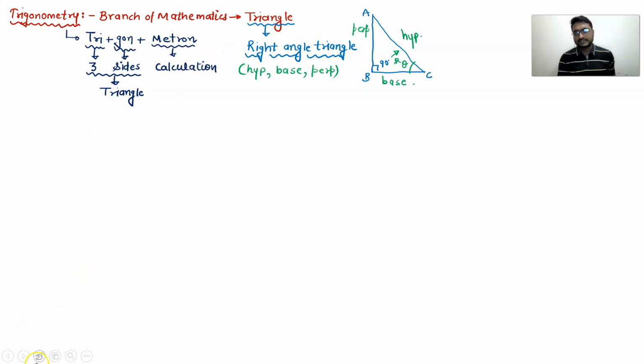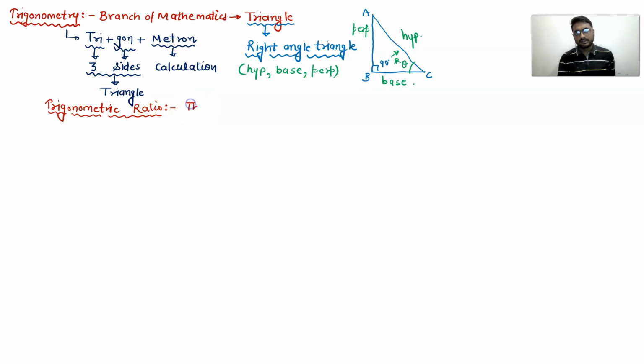Now we have a subtopic of this branch, that is the trigonometric ratios. This topic, trigonometric ratios, purely depends on the right angle triangle. So in this right angle triangle, what can we say?